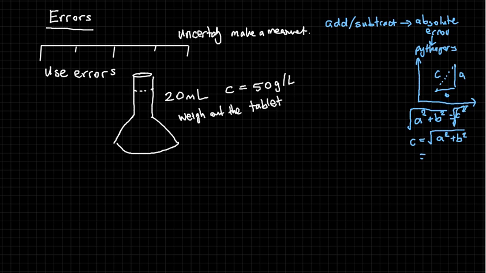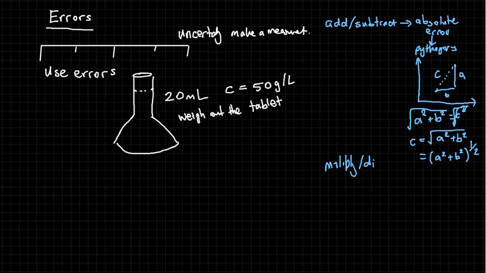And we know from Pythagoras' theorem that a squared plus b squared is equal to c squared. In order to get rid of the square on the c, we can square root both sides, and we're left with c is equal to the square root of a squared plus b squared.